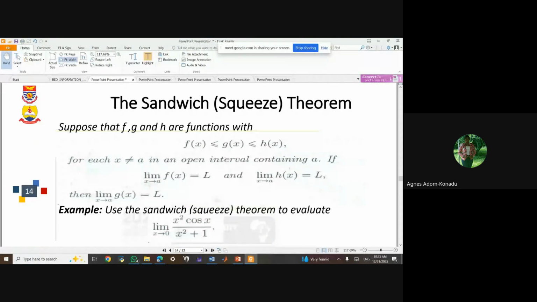We have the first semester and then the second semester. In between the two semesters, we have another program, then we call it the sandwich. It is in between the first and second semester. Or squeeze. So you want to squeeze your orange. You have something up, down, then you put the orange inside, then you squeeze it. So it's the same as squeeze or sandwich.